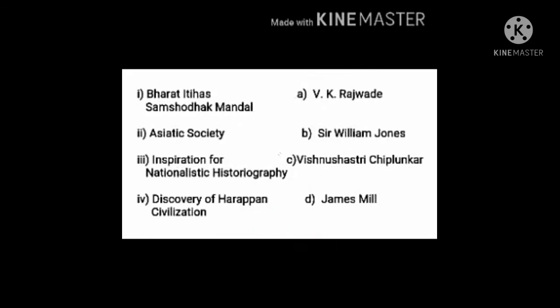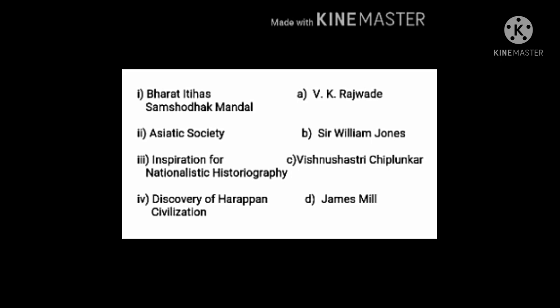Now let's see the third one. Bharat Itihas Sanshodhak Mandal, V.K. Rajwade. Asiatic Society, Sir William Jones. Inspiration for Nationalistic Historiography, Vishnu Shastri Chiplunkar. And the fourth one, Discovery of Harappan Civilization, James Mill.